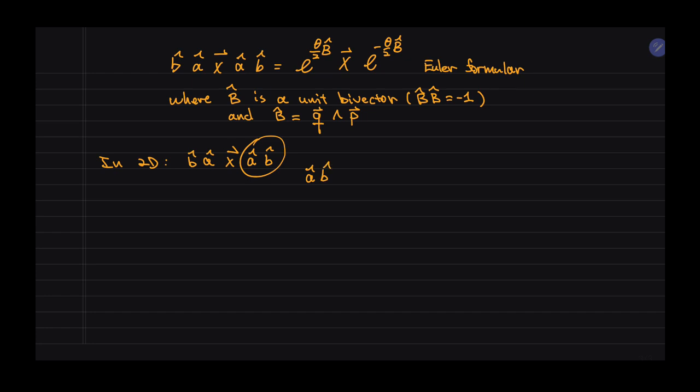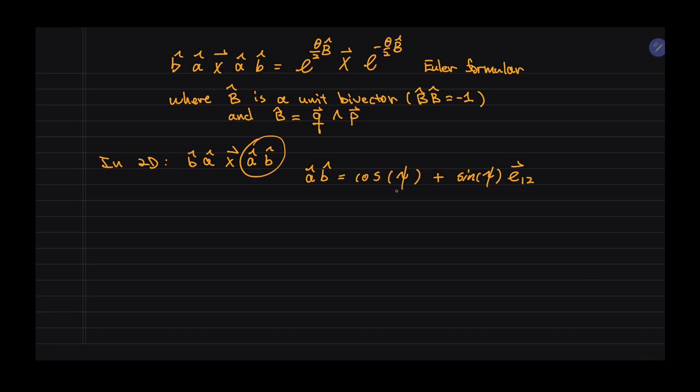We have A hat, B hat, and we know that the geometric product between them will become, I'm not going through the detail, but it will be a cosine of the angle between them from B to A, this angle called phi, and plus it will be the sine, and E12, which is the bivector, E1 and E2.